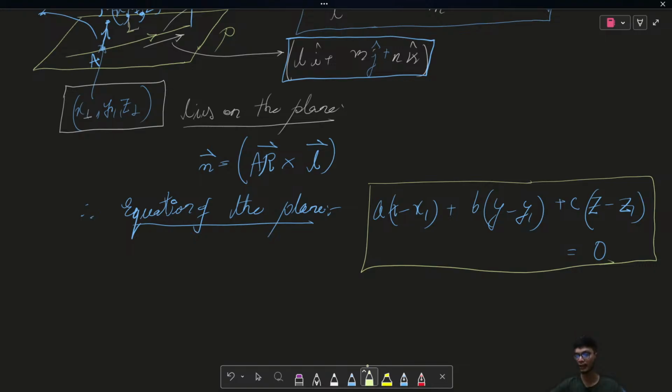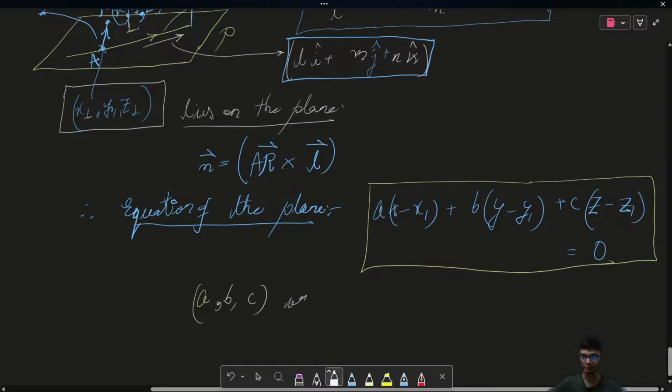Okay, so where a, b and c are the direction ratios of the normal vector, right? So I'm writing DR in short form for the direction ratios of the normal vector to the plane.